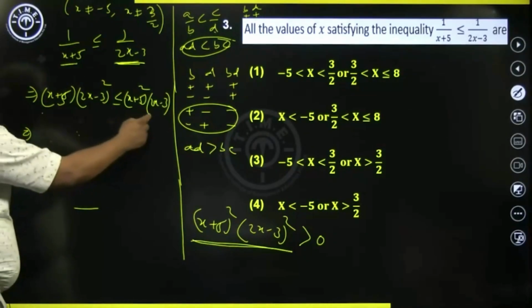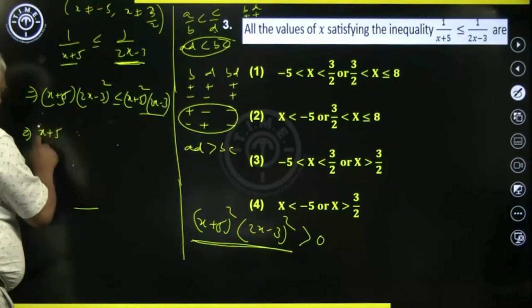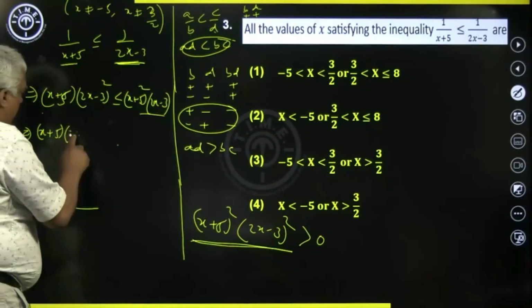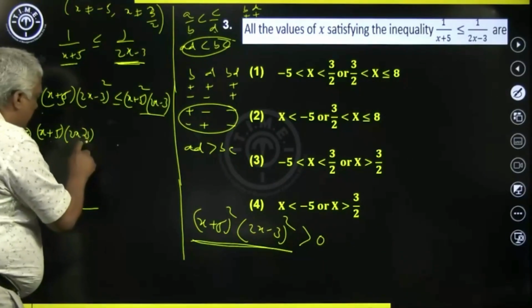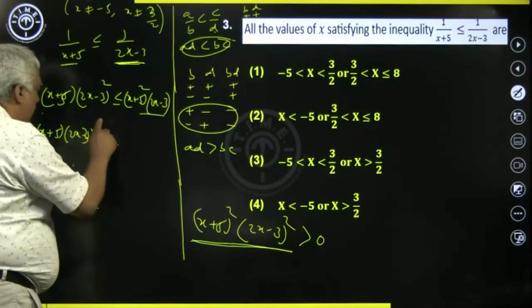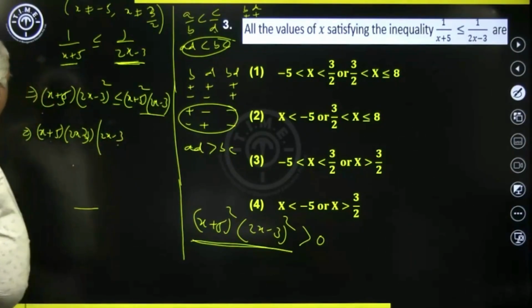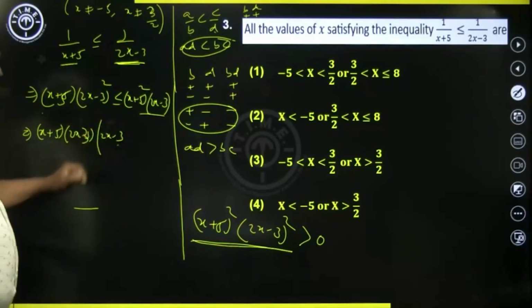Now, let us bring everything to this side. I will take x plus 5 and 2x minus 3 common. So on the left hand side I will get 2x minus 3, and from the right hand side x plus 5, with 2x minus 3 taken common.